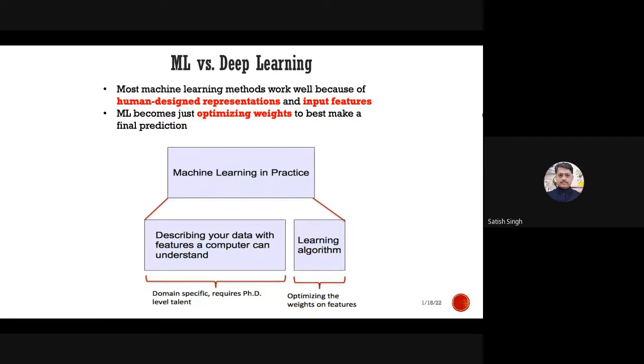If it is measurable, some quantity, some logical or arithmetic values, then your systems can understand. And at the same time, a learning algorithm will be used, where the input will be the described features. The learning algorithm will optimize the weights on input features. So these were typical machine learning models.